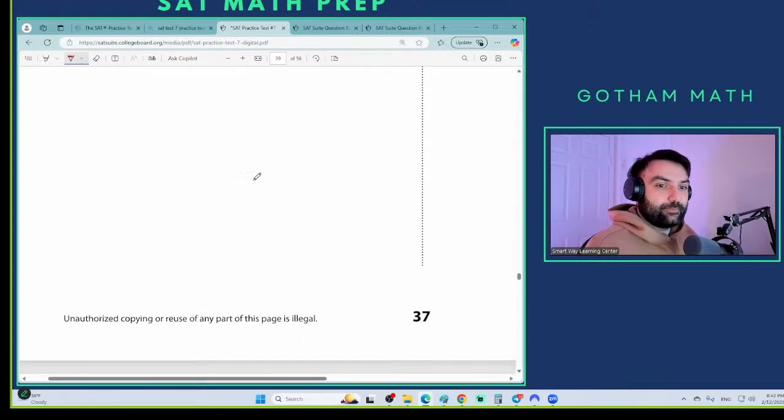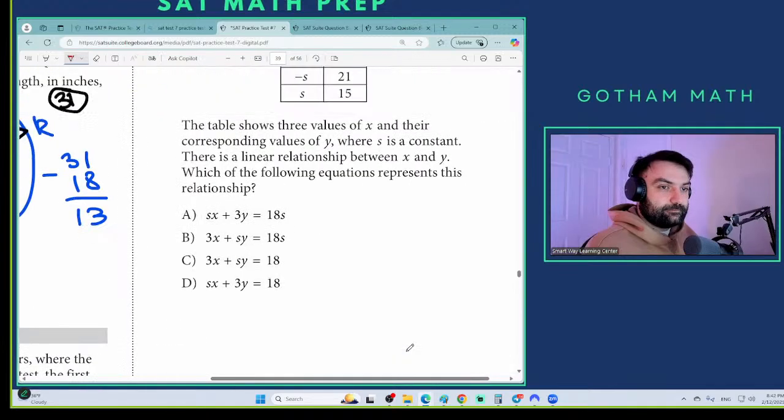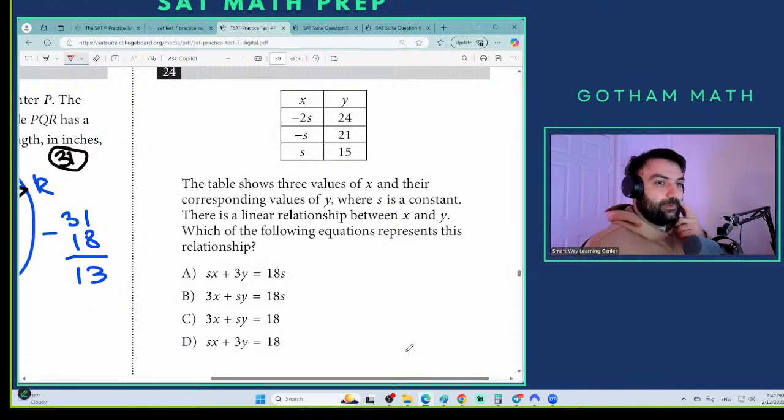Next, 24. Okay, there is a table, and there are equations. Interesting. The table shows 3 values of x and their corresponding values of y, where s is a constant. There is a linear relationship between x and y. Which of the following equations represents this relationship?